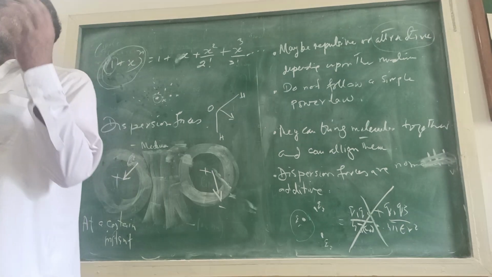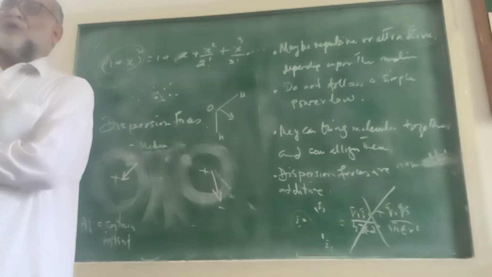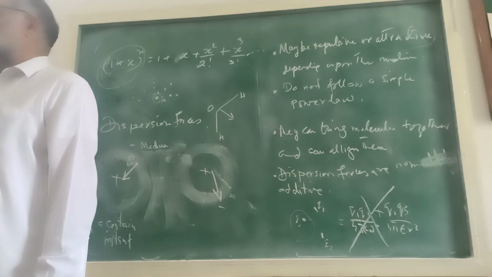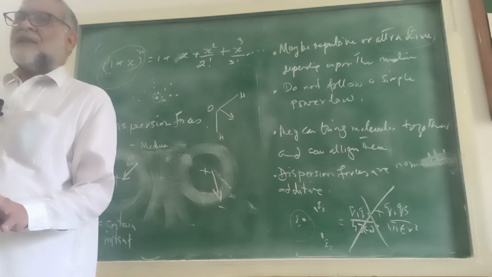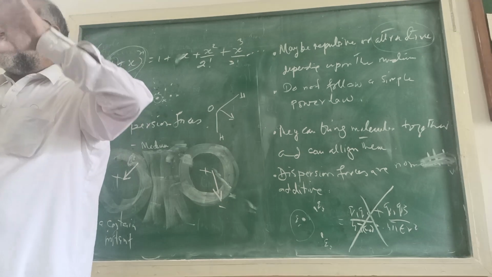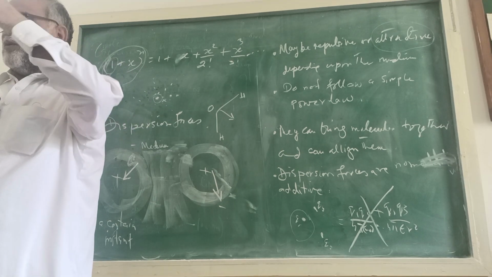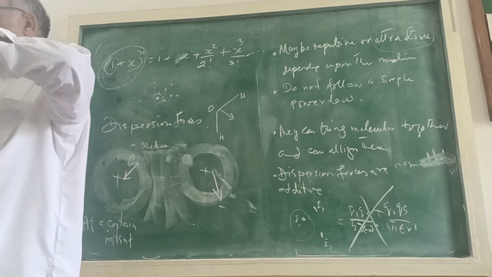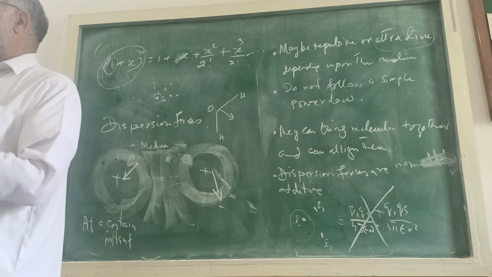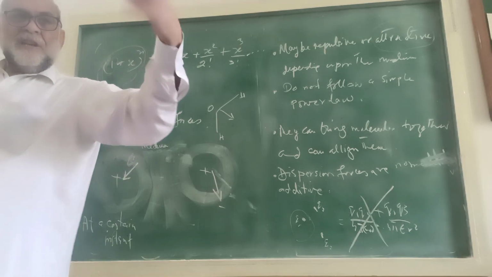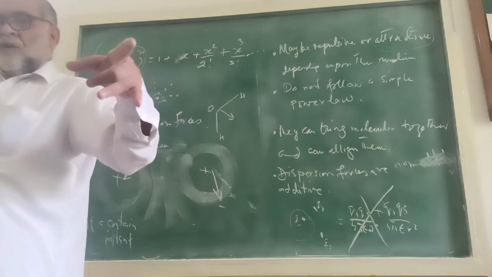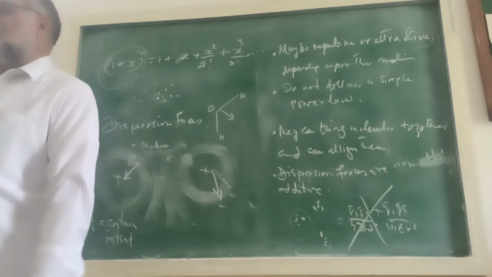Without any charge, everything is neutral, no charges. Only by the internal motion of each molecule, here and here, we can think that the internal motion changes in such a way that it either attracts or repels the other, depending upon what is in between them.